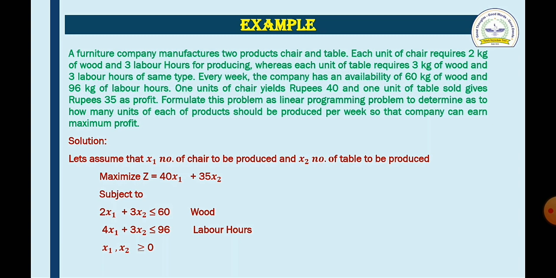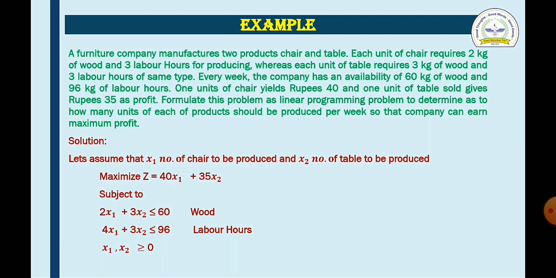Here there are two constraints. One is the availability of wood and the other is the availability of labor hours. So here 2x1 plus 3x2 less than or equals 60 indicates the amount of wood, and the next constraint is the amount of labor hours.